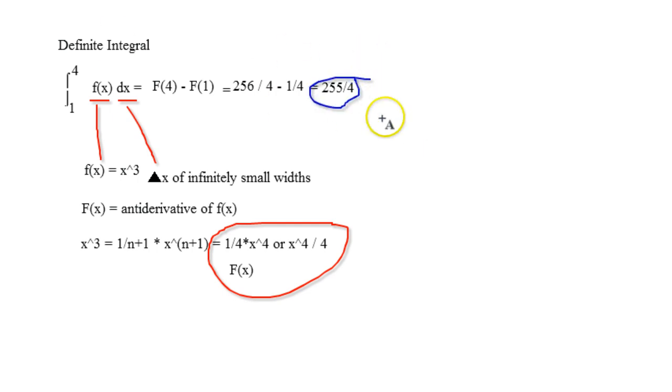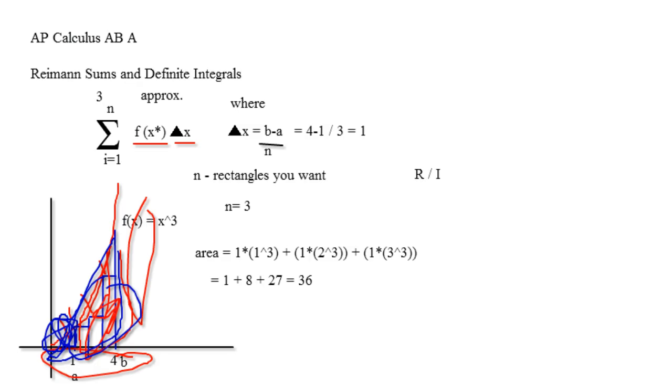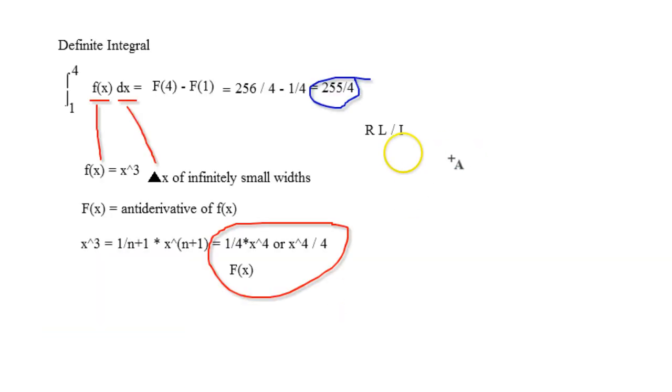And if you wanted to compare that with the Riemann left, you do have to connotate whether it's a Riemann left or a Riemann right or a Riemann mid. So you just take the two and just calculate it that way. So if we go back to our actual area, the Riemann left area is 36. So it's 36 divided by 255 divided by 4.